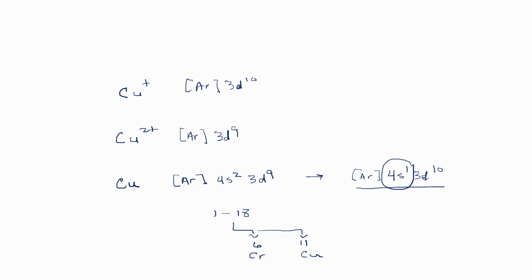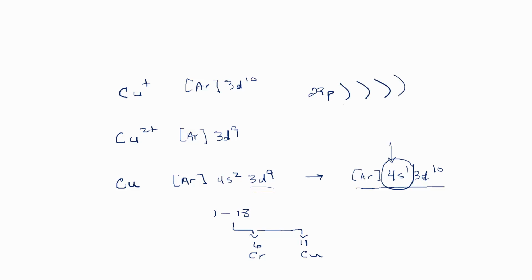So again, what I find most students do, they look at this, they want to remove the first electron from here, they want to remove the 2 electrons from here. That is incorrect. You always remove from the highest principal quantum number first. You say, well, how am I going to know that for sure? Well, if you need a mnemonic or something to help you out here, you can go, okay, copper has 29 protons. It's got 4 shells around it.